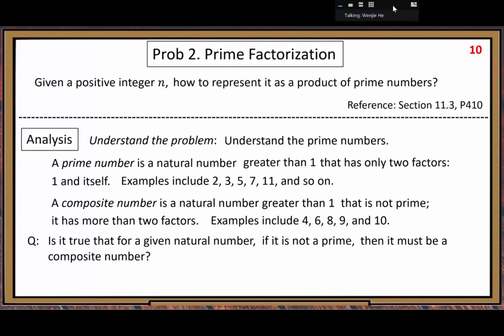How about 1? 1 does not belong to prime numbers, right? 1 does not belong to composite numbers, right? So 1 is a unit. We take out the unit number, then all the remaining positive integers belong to either prime numbers or composite numbers. But 1 is a very special number.